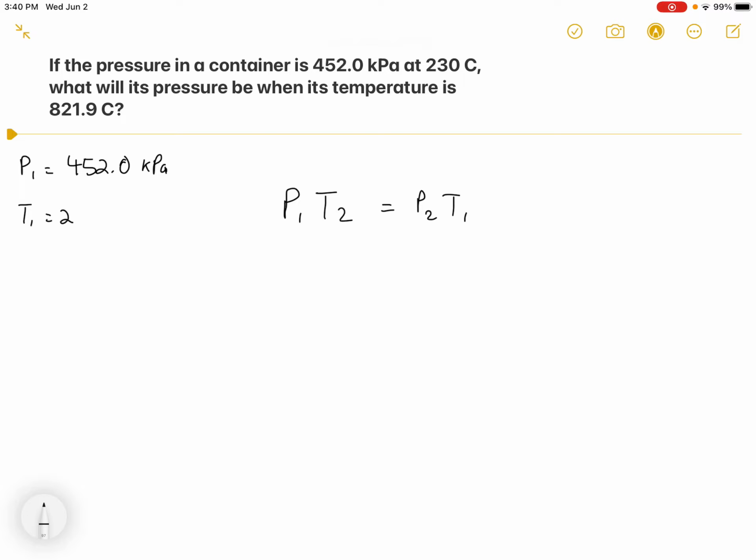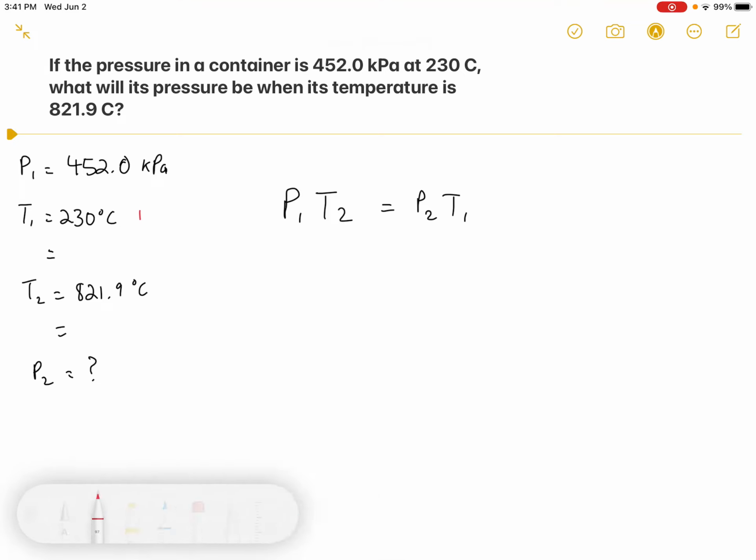The initial temperature is 230 degrees Celsius, which we're going to have to convert to Kelvin. The final temperature is 821.9 degrees Celsius, which we'll have to convert to Kelvin. And then the final pressure is our unknown. So that's what we're going to figure out.